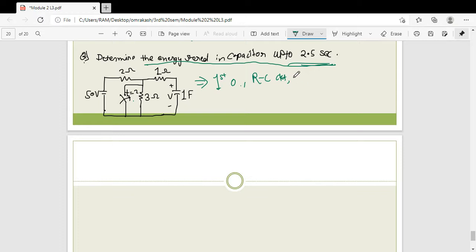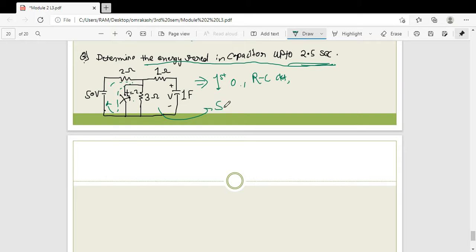Why source free? Because before switching this condition all happens, but when we analyze the steady state response, this switch is closed, right? So the whole current doesn't pass through this branch because this is a short circuit and the current goes back to the supply, so only this circuit comes into effect. So this circuit acts as source free.